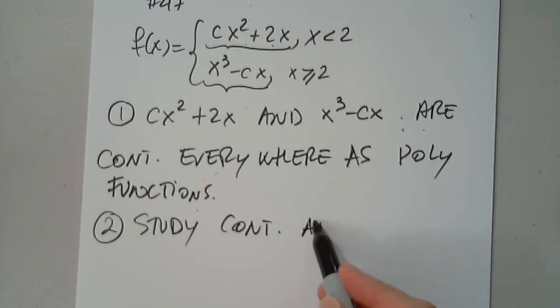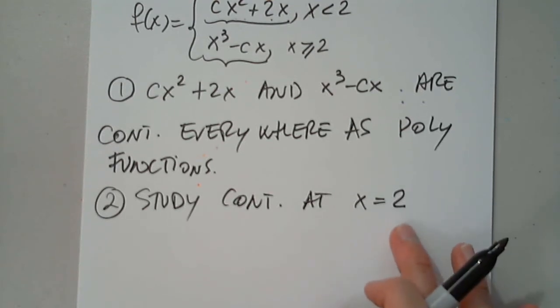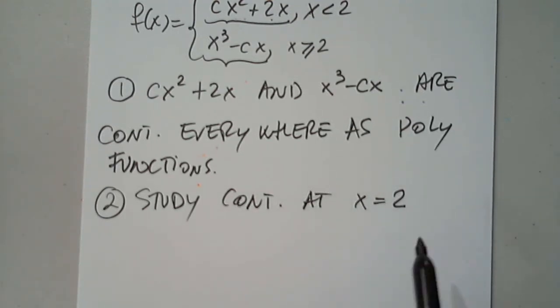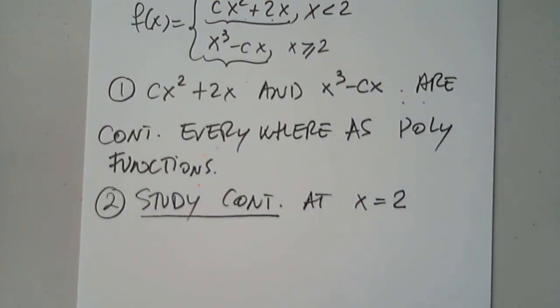continuity at x equals 2. What has to happen at 2 for the function to be continuous at 2? What do I have to write and determine? Not just write, but also determine.